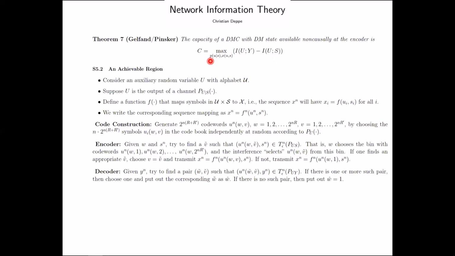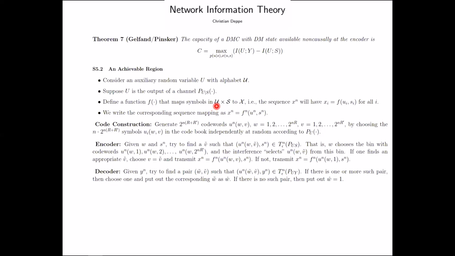As you notice, we again use an auxiliary random variable like we did in the problem before. So to get the achievable region, we consider such a random variable U with alphabet U. And we assume that U is the output of a channel from S to U. So that's the state to our auxiliary alphabet. Now we define a function f. Unfortunately, I wrote an x here, it should also be an f, that maps the symbols u and s to x.